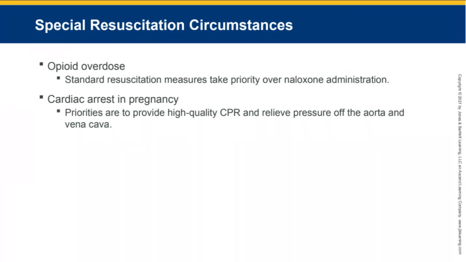So what the guidelines state is that we're not going to waste time administering naloxone and delay CPR if CPR is required. If we know that it's a possible opioid overdose, we need to do CPR, and while CPR is in progress, we assemble the antidote and administer. So we should not delay CPR to administer the medication.